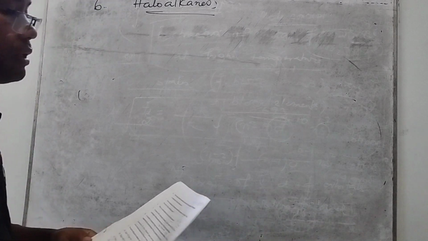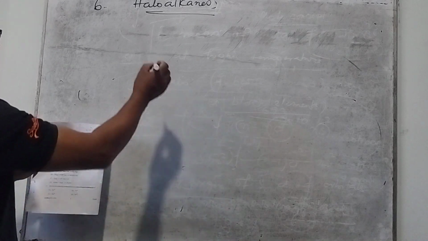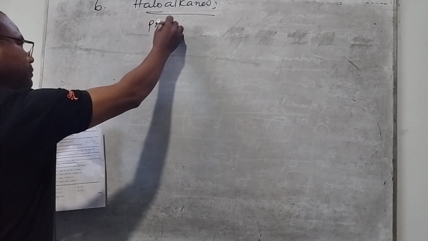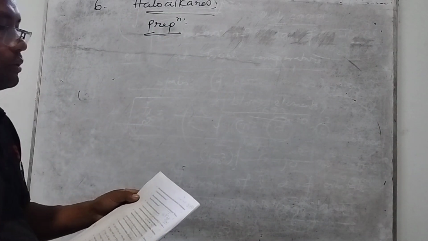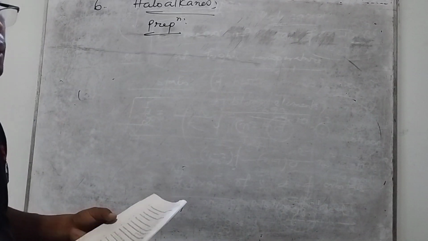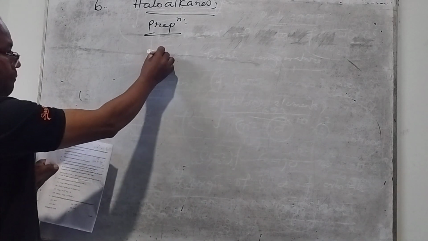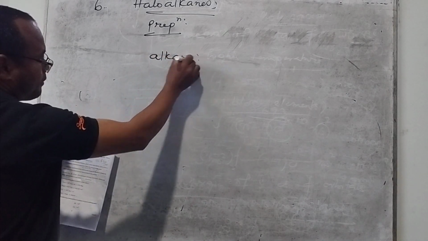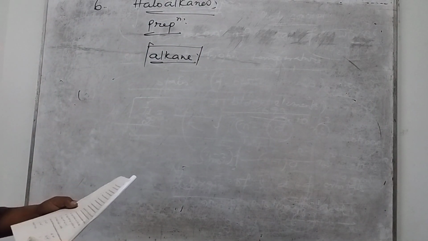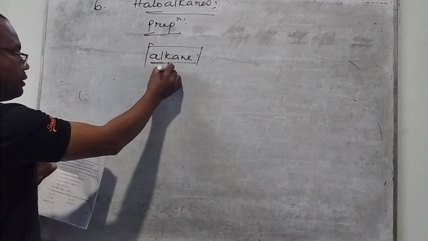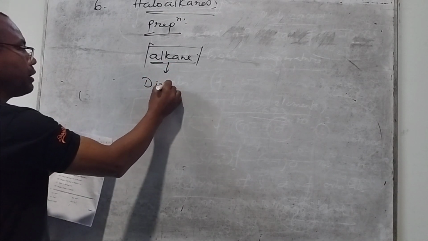So this is the preparation of haloalkane. What type of preparation? Preparation of haloalkane from the alkane. From the alkane, what is the method we apply? Direct halogenation.